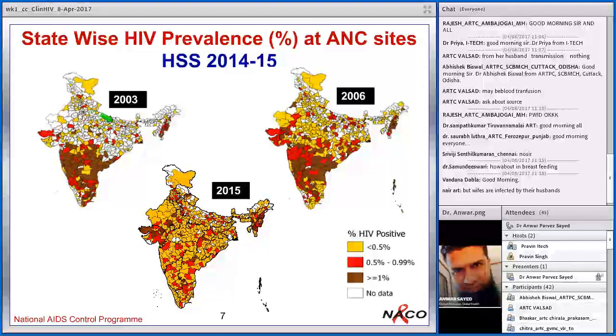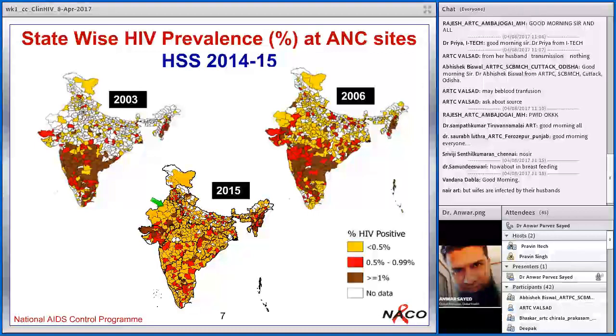That means there can be two possibilities. One, the data which was not available earlier is now available. Second, there are certain states which are called highly vulnerable states, where the prevalence of HIV may go high if steps are not taken at the appropriate time. So this is one thing which is important for us to know, that all districts of India have been divided into 4 categories.